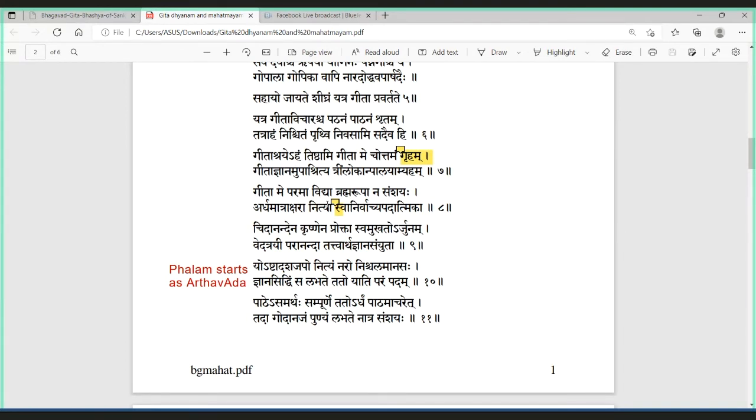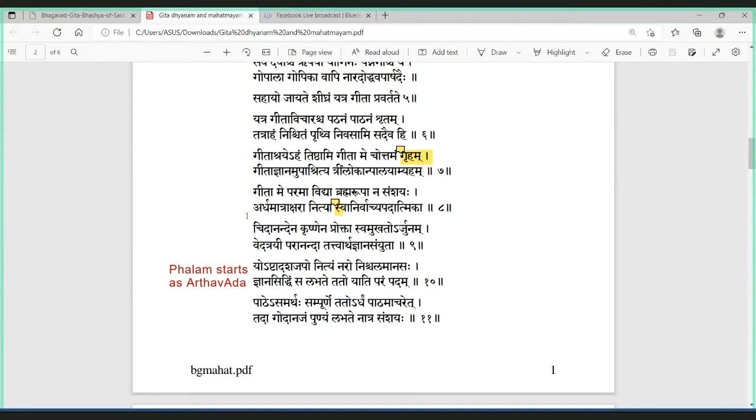There is no doubt in this. Ardha matrakshara nitya. Even that ardha matra, say of Om, the half a letter, is actually anirvachya, is something that is indescribable of the glory of this Brahma Rupa, which is disclosed in the Gita. Even half a letter discloses the whole glory of the Gita.